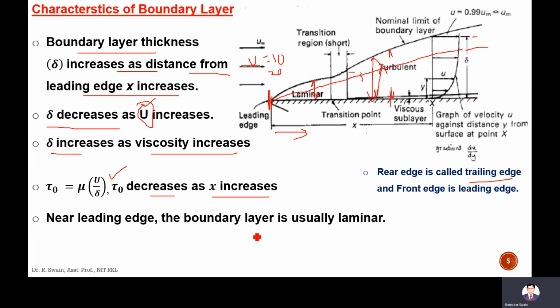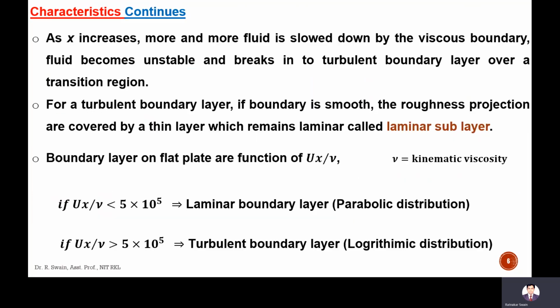Near the leading edge, the boundary layer is usually laminar. As x increases, more and more fluid is slowed down by the viscous boundary. The fluid becomes unstable and breaks into a turbulent boundary layer over a transition region.